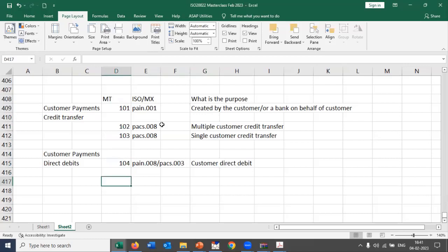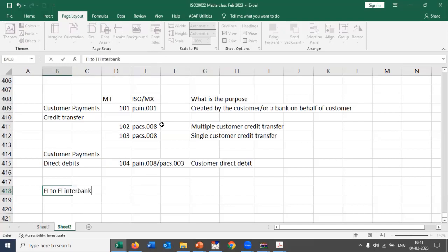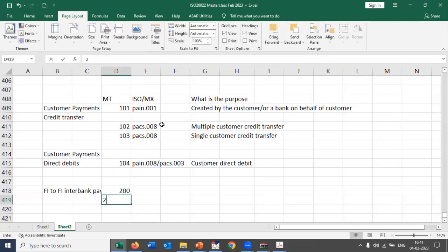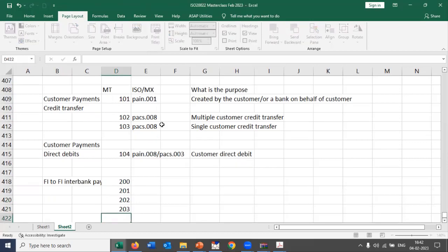There will be two more message types, MT202 cover and 205 cover. I will discuss them separately when I start discussing the interbank transaction series. Interbank would mean FI to FI, interbank payments. In MT category, I could have MT200, 201, 202, 203, 205.